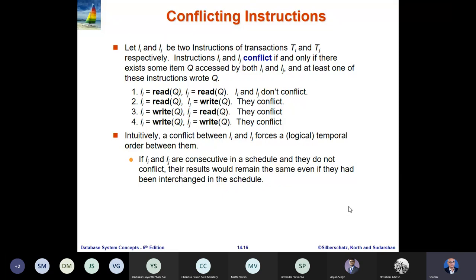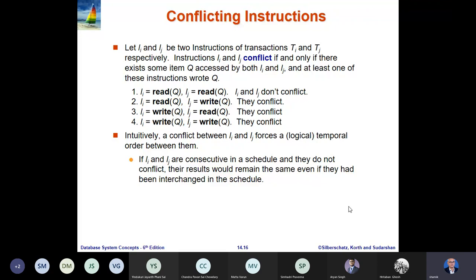If the value of Q is 100, Ii will read 100 and Ij will also read 100, there is no issue. Whether Ii occurs first and reads Q as 100, or Ij first reads Q as 100 and then Ii reads Q as 100, there is no problem.